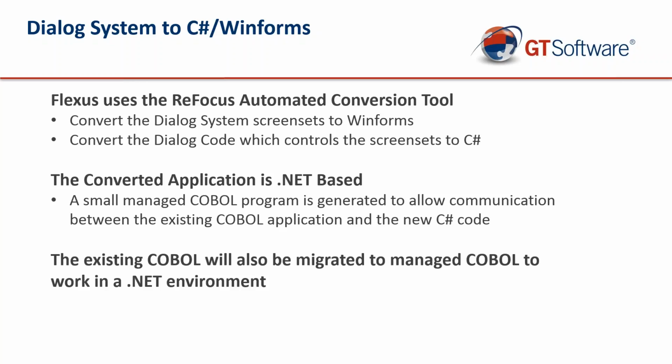And so you do need to use the Fujitsu NetCOBOL for .NET, and it will be working in a .NET managed code environment. If you have the Fujitsu NetCOBOL compiler now, we would want to know whether you're going to be using a 64-bit or a 32-bit version of the NetCOBOL for .NET compiler.